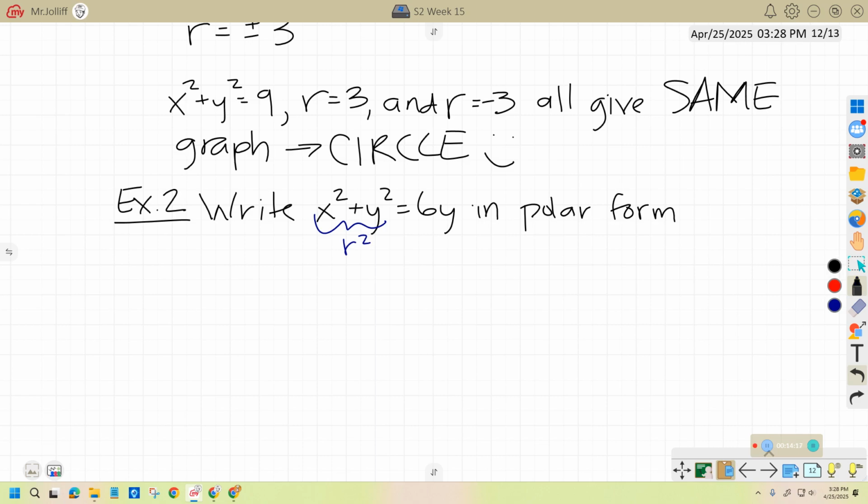So the left, when I do my substitution, is r squared. What happens to the right? 6 times, and y becomes r sine theta.